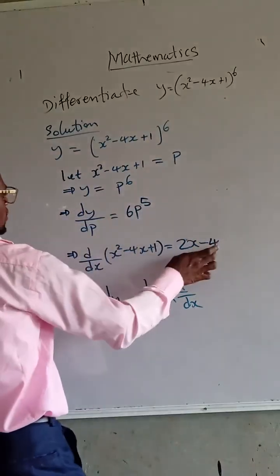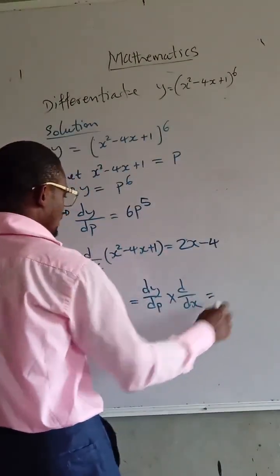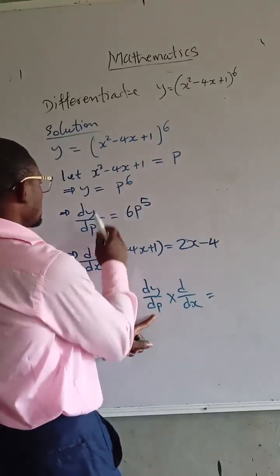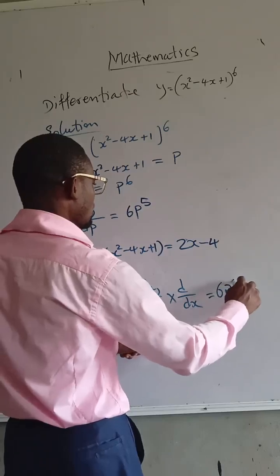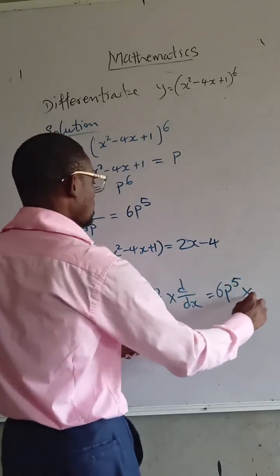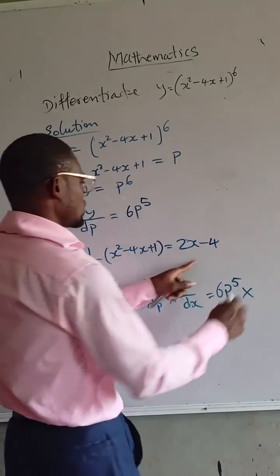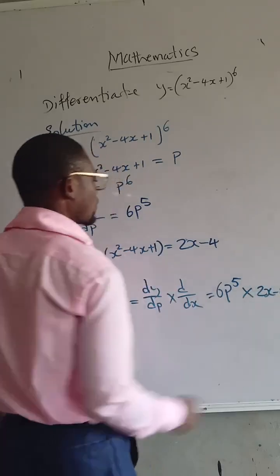Where I see this, I put it. So dy/dp is 6p⁵, then multiplied by dp/ds, which is 2s − 4.